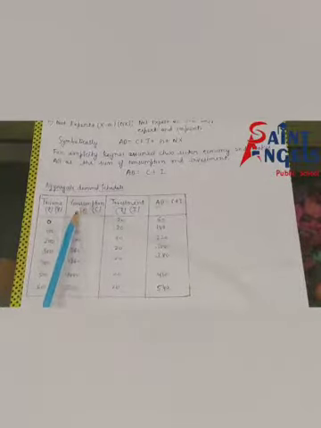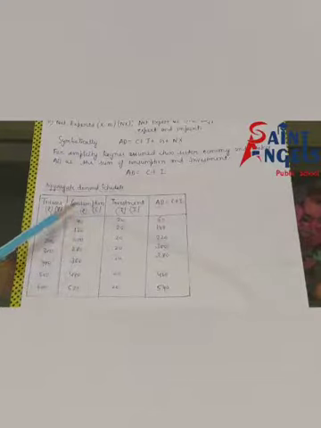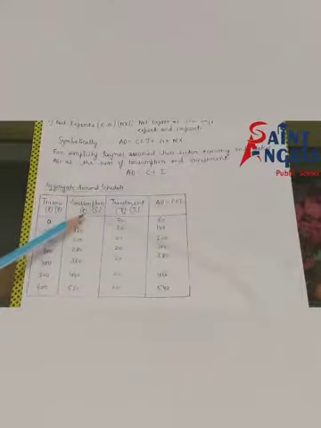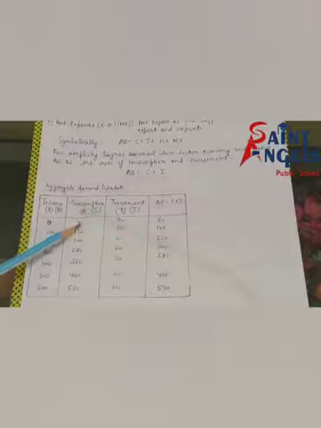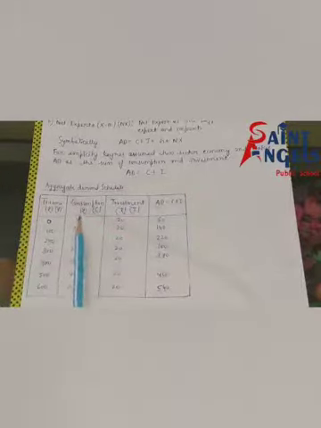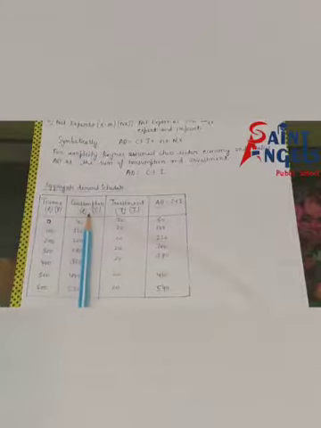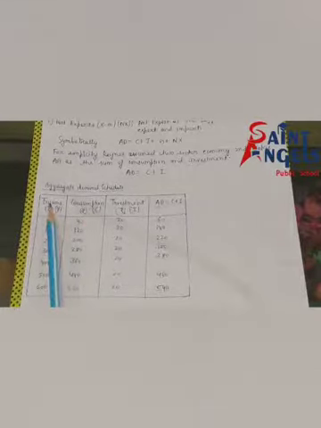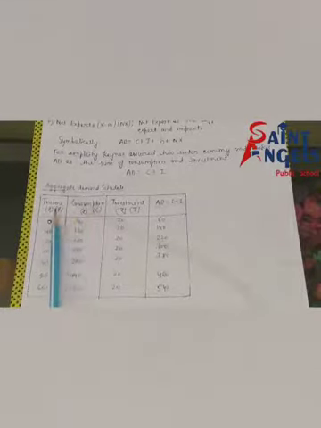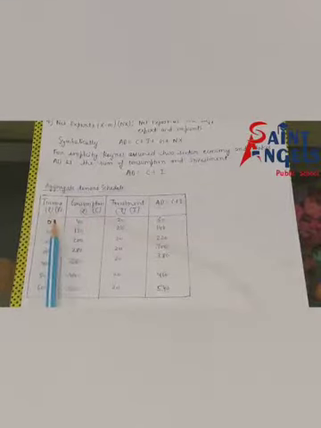Now I am going to increase consumption at the rate of 80. The change in consumption should be less than the change in income, and the change in income is rupee 100.